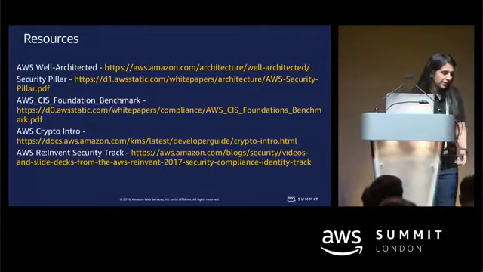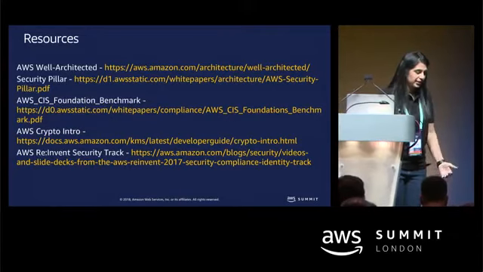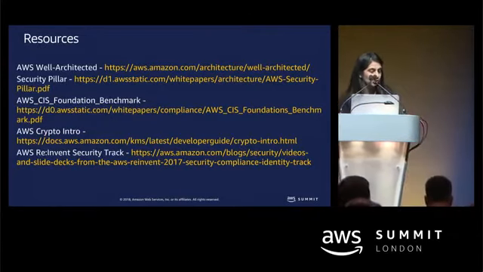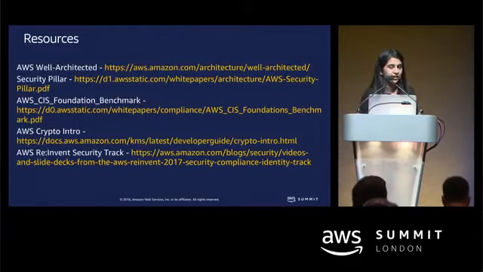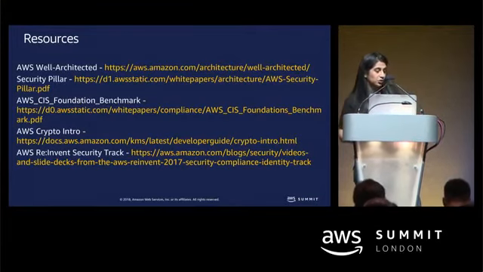And then there's the AWS crypto intro, which goes through a lot more detail on crypto. If that's something you're interested in, it's a good one for a quick read-through as well.